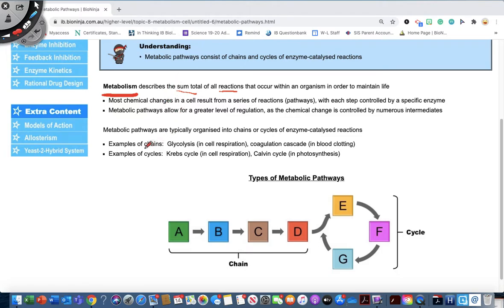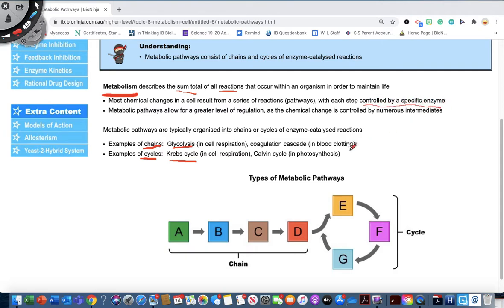They could be chain reactions like glycolysis and cellular respiration, where glucose is converted into pyruvate, or it can be in the form of cycles, like the Krebs cycle in cellular respiration, or the Calvin cycle in photosynthesis. For these reactions to be regulated, they need to be controlled by a specific enzyme.